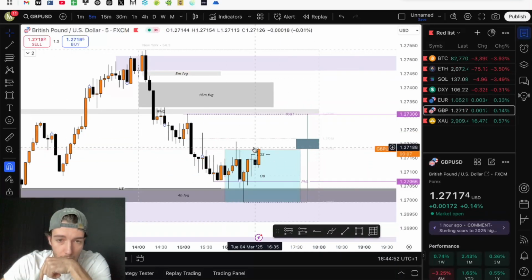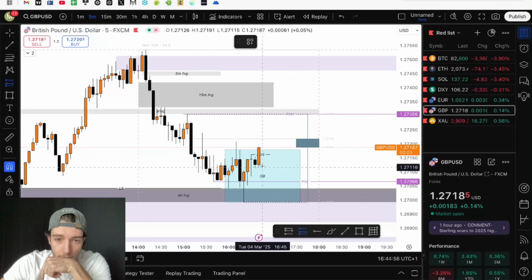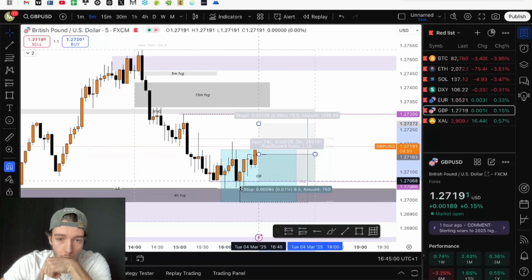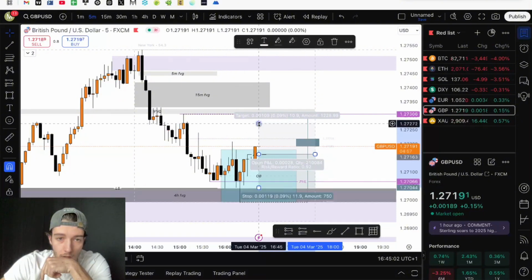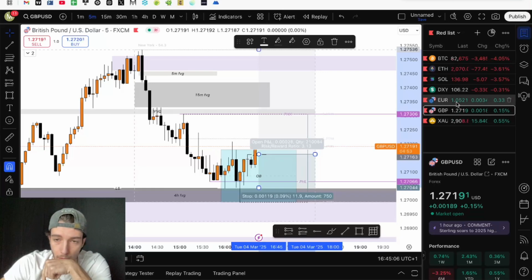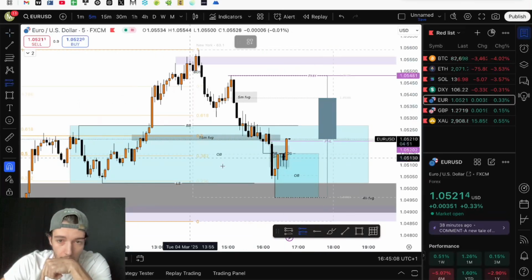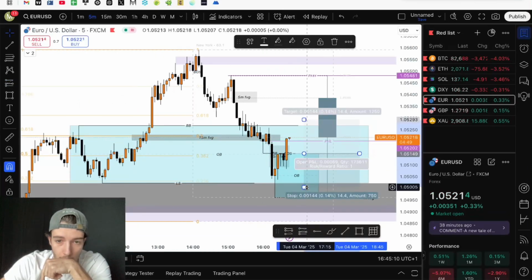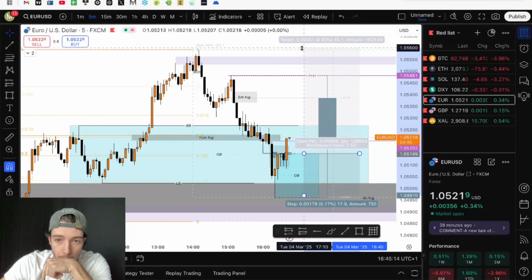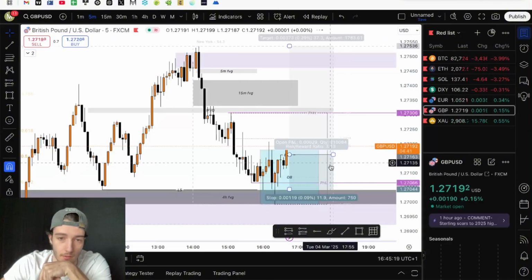The question is, which one do I want to long? GU or euro? Well, we can have a 1 to 3 on GU, and we can have a 1 to 2.5 if I would want to put my stop loss under this low here.